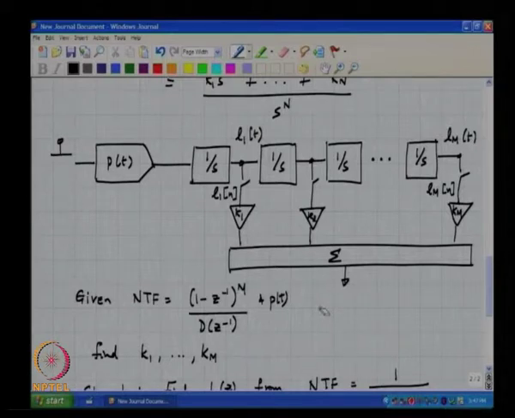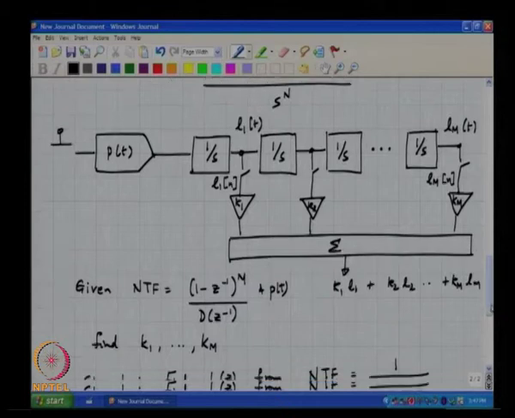What is this output sequence? It is K1 L1 plus K2 L2 and so on plus Km Lm. Is this clear? So, what are we trying to do?